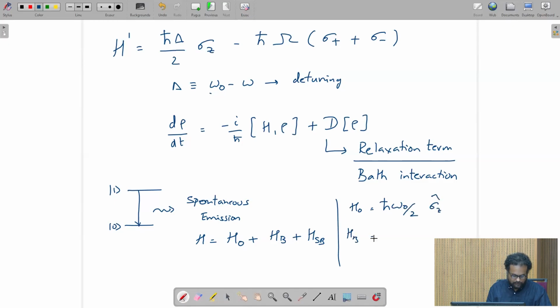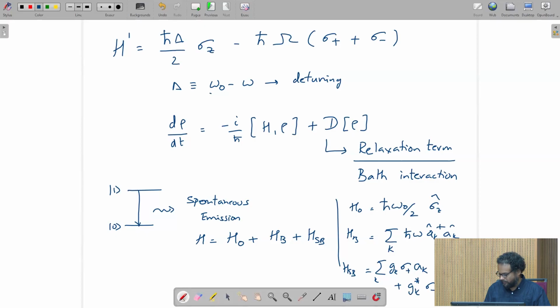Your bath, of course, is sum of all possible photon modes, where AKs are photon radiation annihilation operators. System bath coupling can be written as something like this: some coupling parameter Gk, K is for all spatial modes, a raising operator followed by annihilation of the photon, or you can also have lowering operator with creation of a photon.